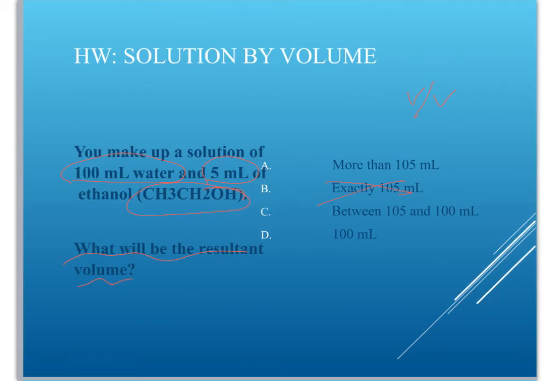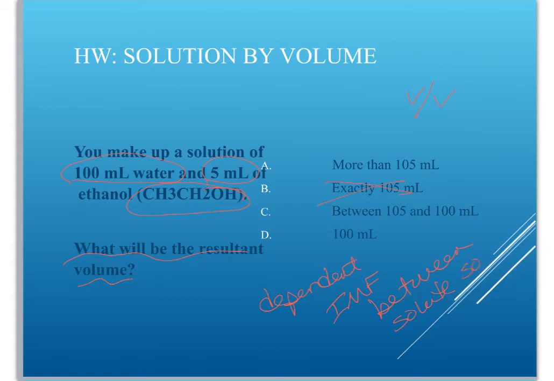It turns out that volume is not conserved. There's no law of conservation of volume. Sometimes it might be exact, but in most cases, the volume is going to change, and that is going to be dependent on the intermolecular attractions, intermolecular forces, I'm going to abbreviate that, between the solute and the solvent.